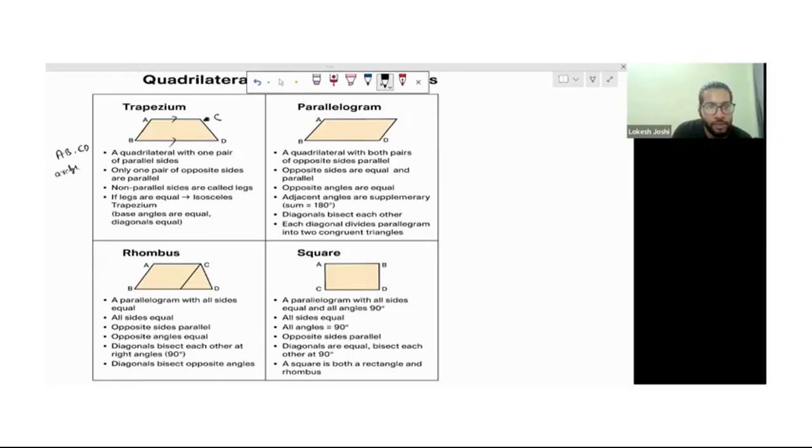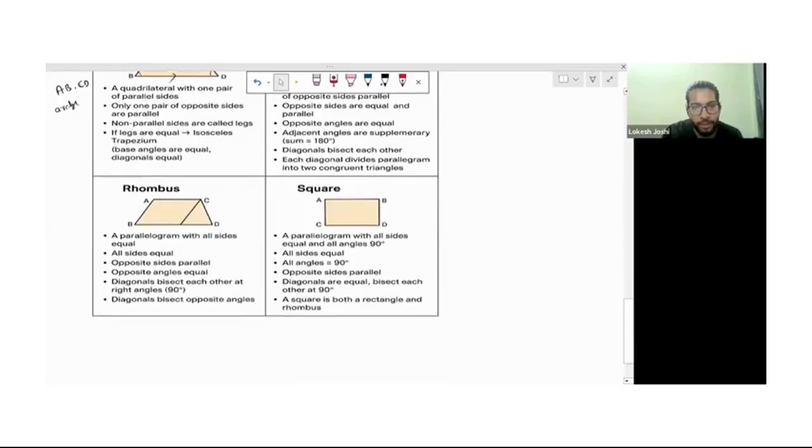Like if AB is equal to CD, then we can say the trapezium is isosceles. In that case, base angles are also equal, which means angles, only in the case of isosceles trapezium, and diagonals are also equal. And for parallelogram, we have done so many properties, and they are written there.